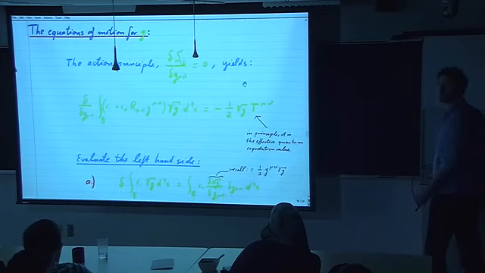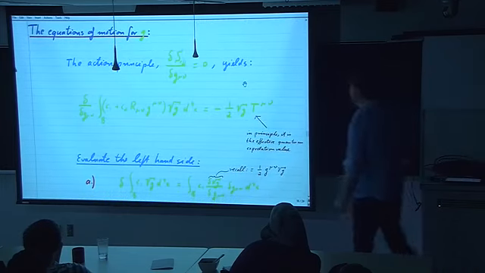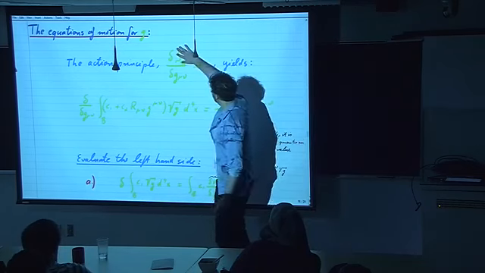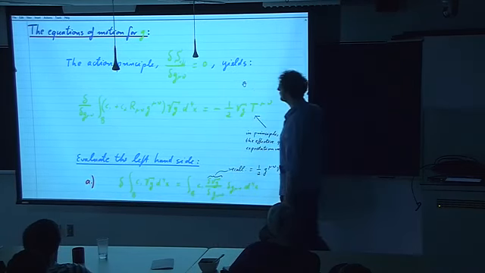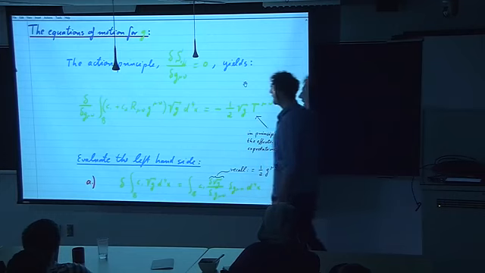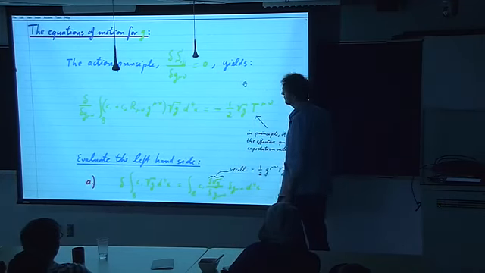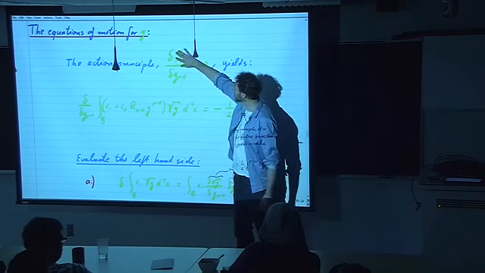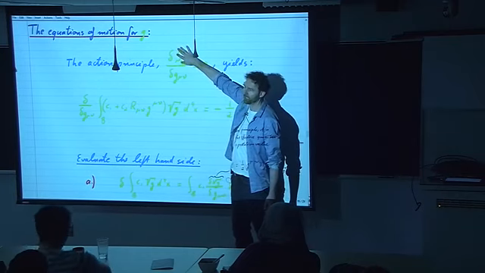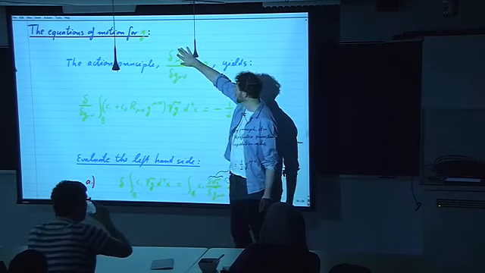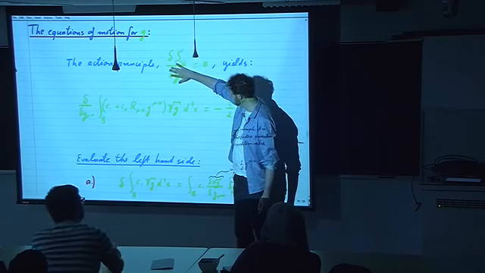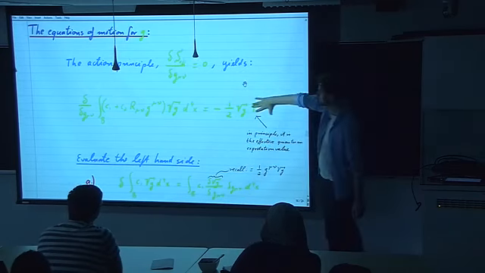Okay, so now let's calculate the equations of motion for the metric. We take the quantum effective action and differentiate it with respect to the metric. And what do we get? We get two terms. When we differentiate the matter part of the action with respect to the metric, we get the energy momentum tensor.